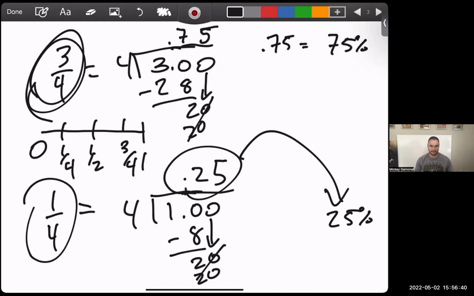So if you sold that house for $100,000 and they got 3%, that means they get $3,000, right? 3,000 is the 3% out of that full 100,000. So everything is always going to come back to math. It's always going to come back to being pieces of the whole.